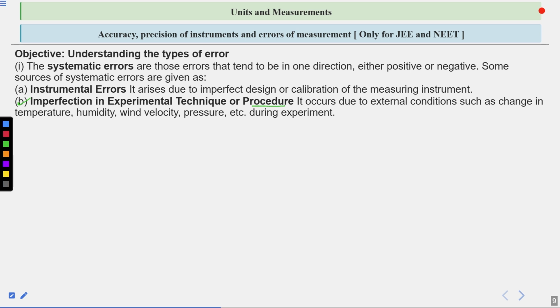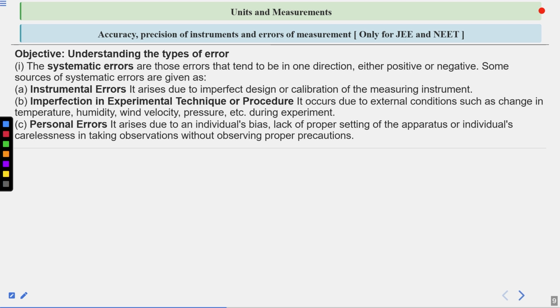This error occurs due to external conditions such as change in temperature, humidity, wind velocity, pressure, etc. during the experiment.